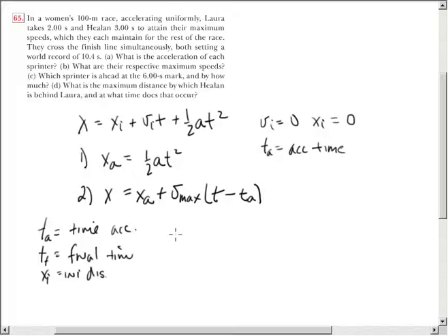What are our unknowns? Pause the video and write down what the unknowns are. We know that we need to find the acceleration for each runner.